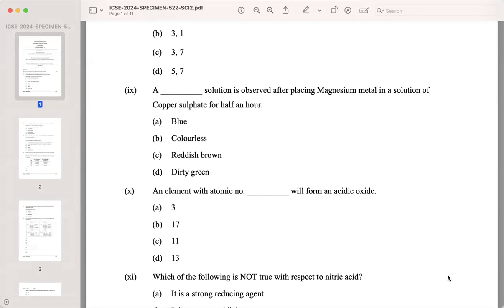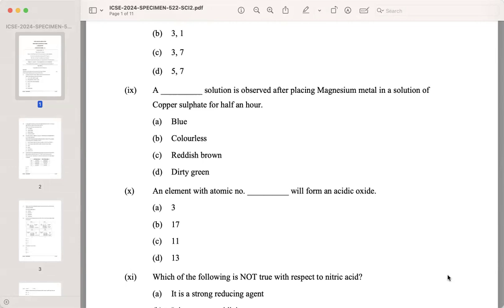Why 17? Because if I see 3, it is the atomic number of lithium, which cannot form an acidic oxide. 11 is the atomic number of sodium. It is a metal. It cannot form an acidic oxide. It will form a basic oxide.